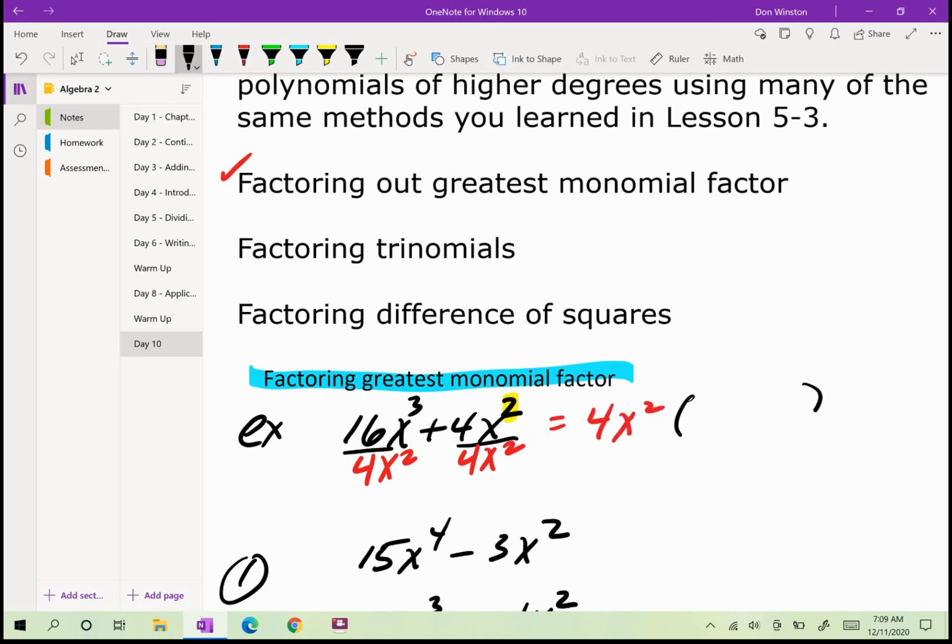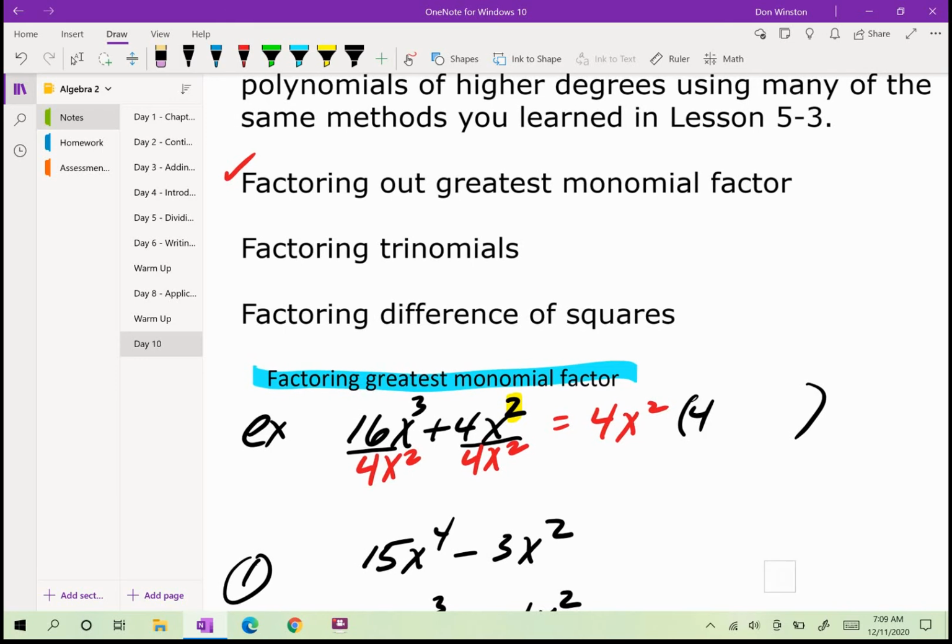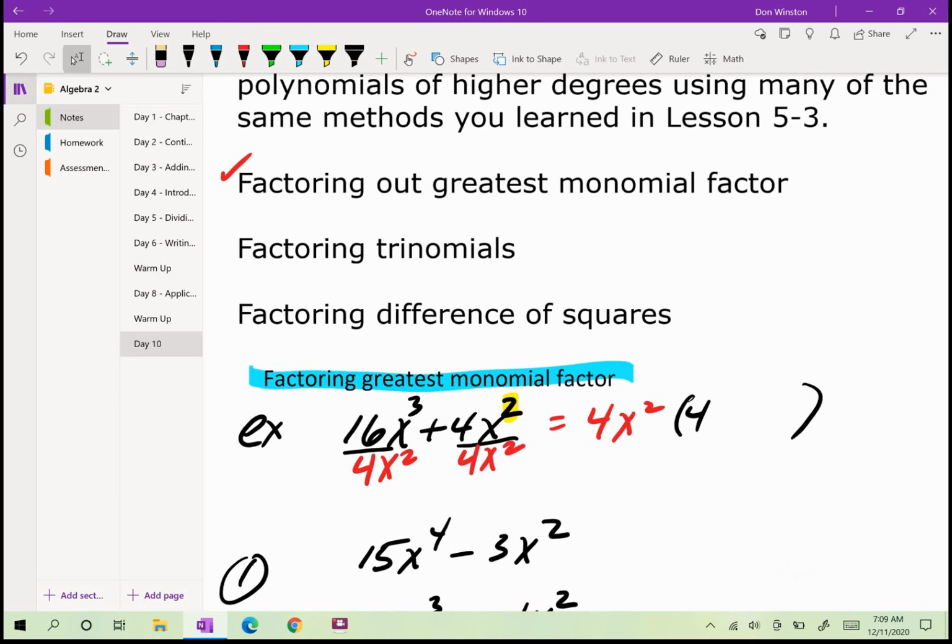Then we just include what we have left over. 16 divided by 4 is 4, and x cubed divided by x squared is x. Then I have my plus. Then 4 divided by 4 is 1, and x squared divided by x squared is 1, since any number divided by itself is 1. So when I factor 16x cubed plus 4x squared, I get 4x squared times 4x plus 1.